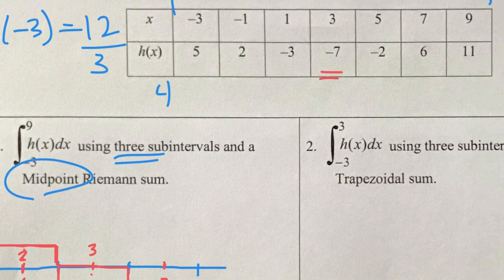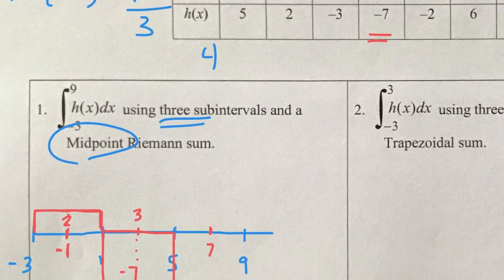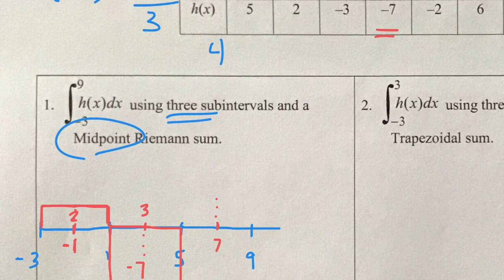According to my table, the y value is 6. So I'm going to go up 6 units, and that's the height of my third subdivision. So we're finding the x values that are the midpoints, and we are using the y coordinate of that midpoint to represent the height of the rectangle.